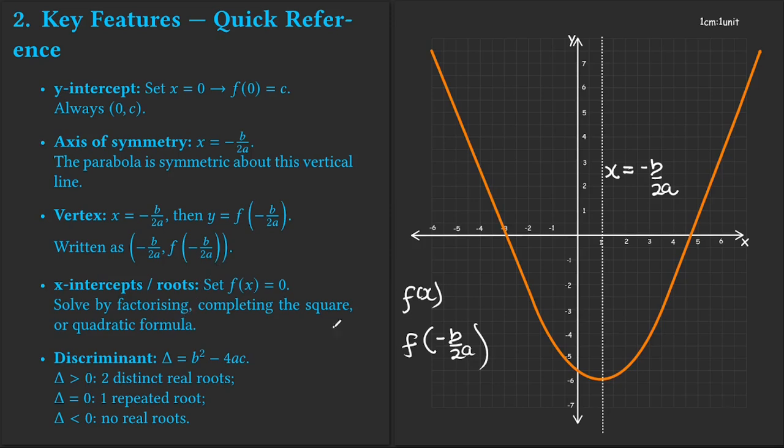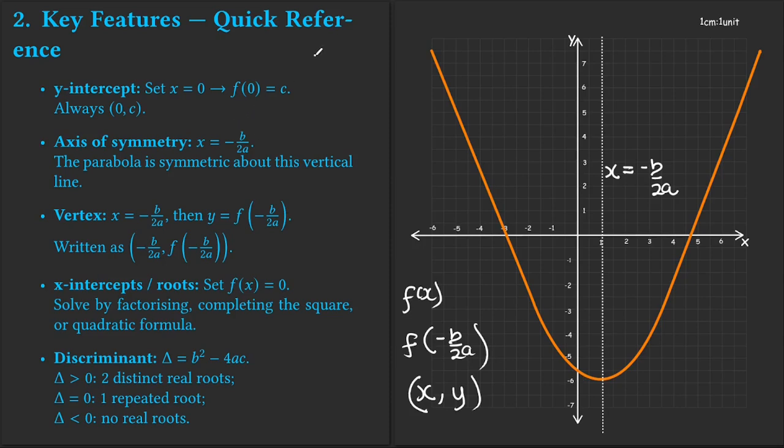Y. And as you know, coordinates are written as x, comma, y. So this becomes our x component. Then what you would evaluate becomes your y component. And that is going to be your vertex or the minimum or maximum value depending on the value of a. You see how simple it is?